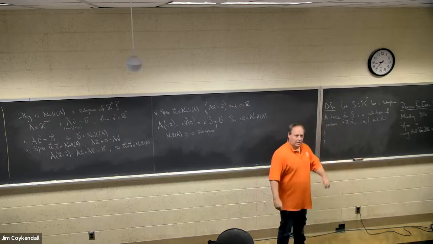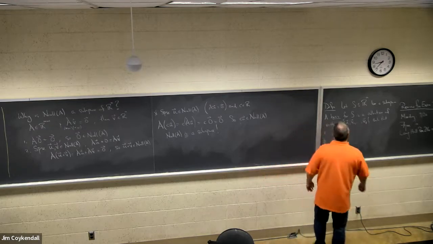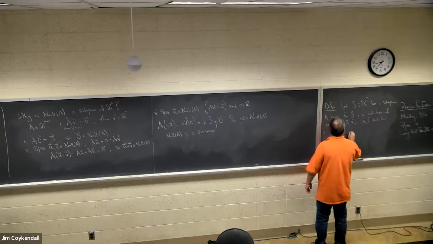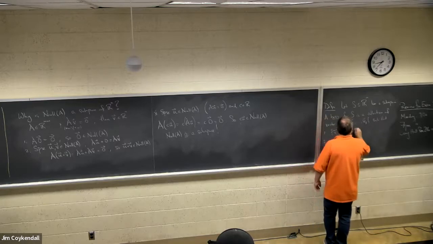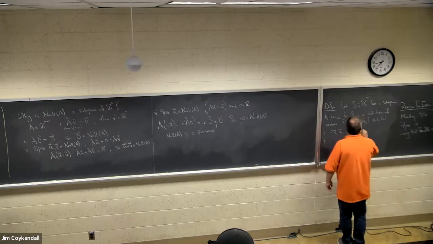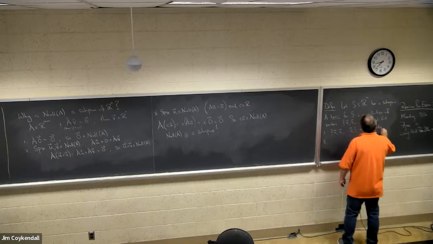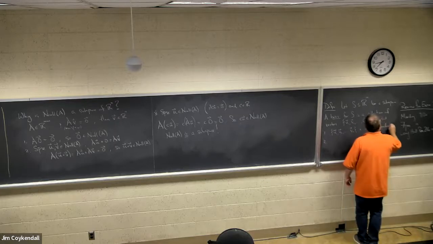Have two things. Number one, V1, V2, through Vk must be a linearly independent set.